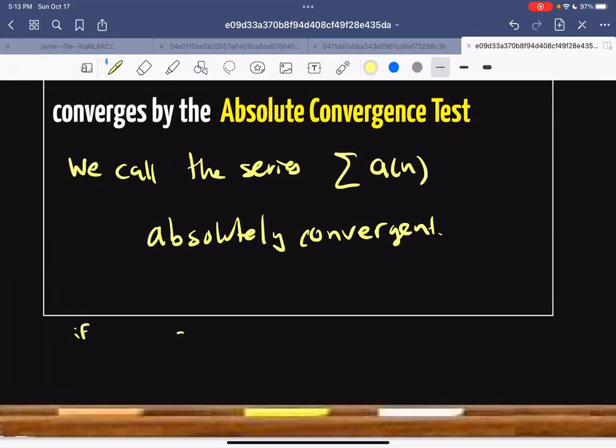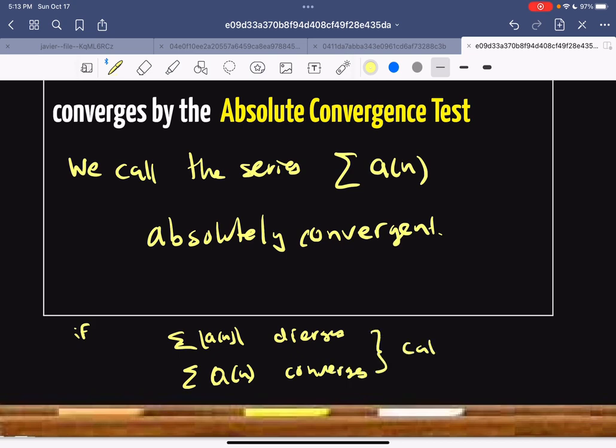If this one diverges, but the other counterpart, this one, converges, then we call our series conditionally convergent. Let's just abbreviate it, okay?